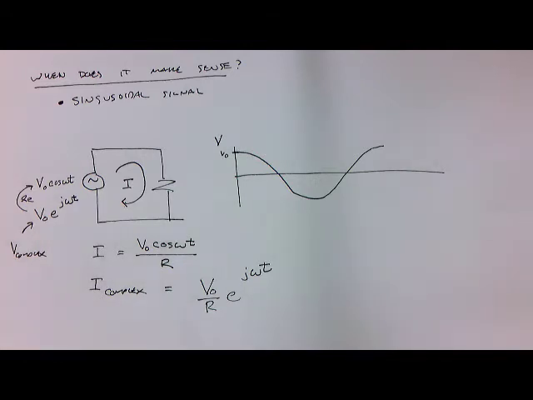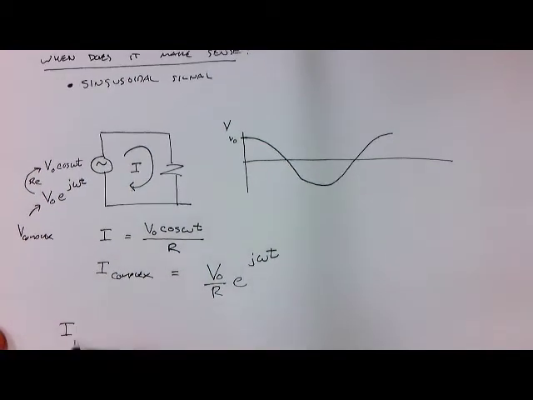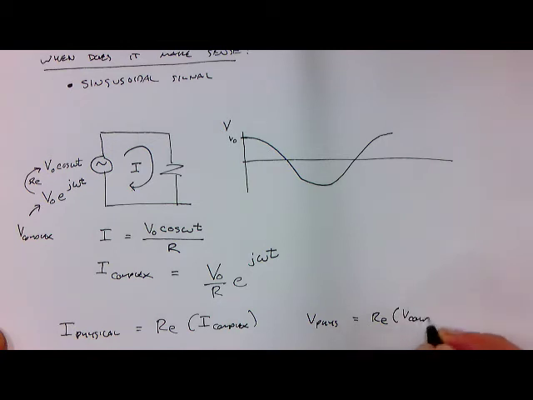The complex current is a way of representing the real current more compactly. Physically, what we're interested in over time is the real part of this. So what's I physical? I physical is the real part of I complex, in the same way that V physical is the real part of V complex.